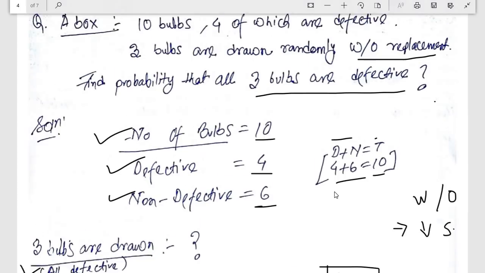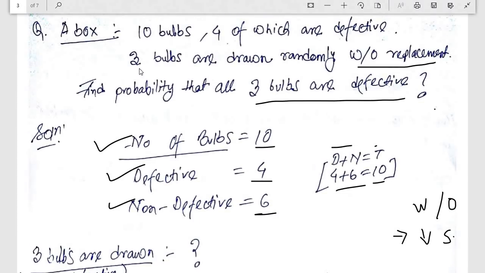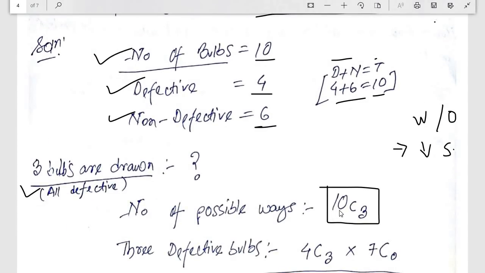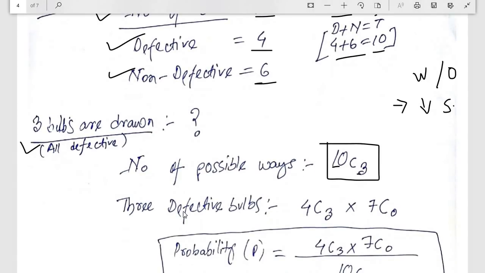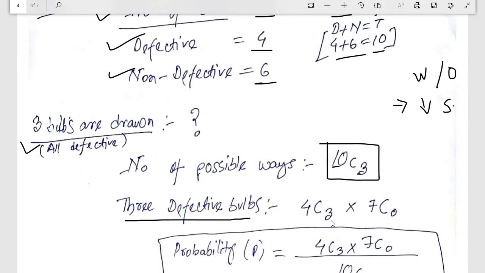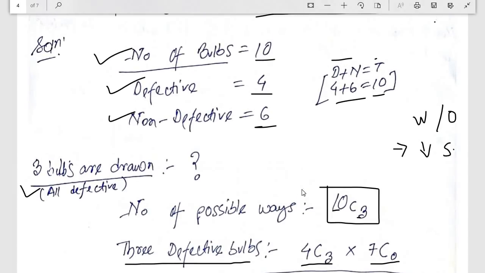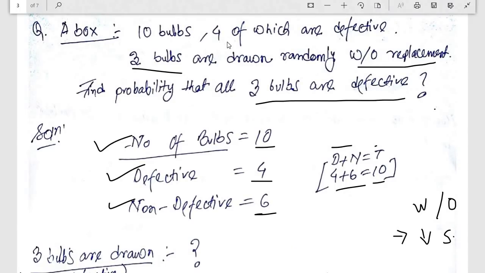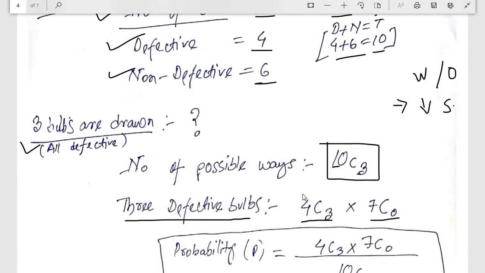Why? Because we are drawing 3 bulbs out of 10. And the favorable ways for 3 defective bulbs would be written as 4C3 into 7C0. Why? Because 4 are defective, and from 4 defective, 3 will be the ways, and out of 7 it will be 0.